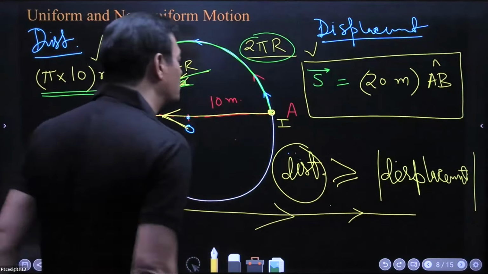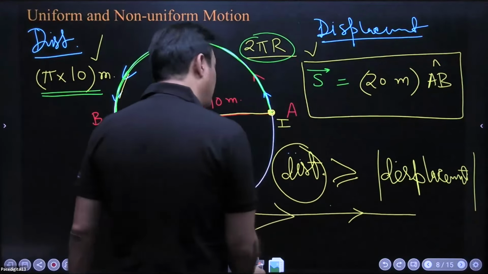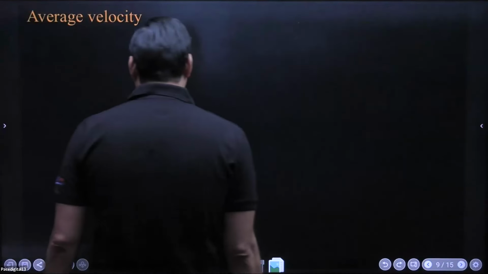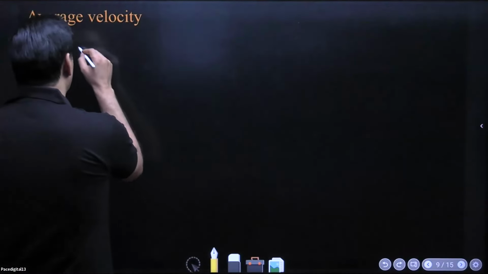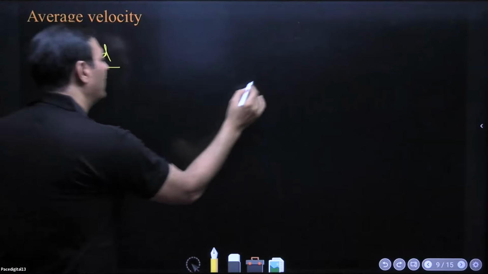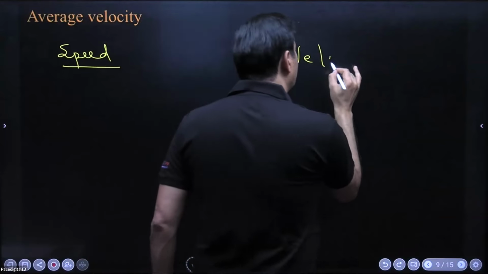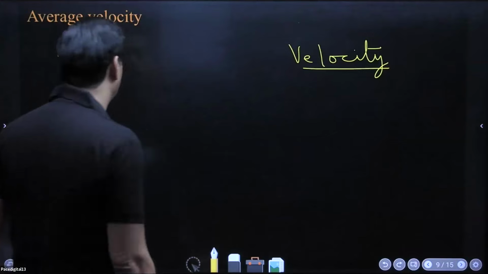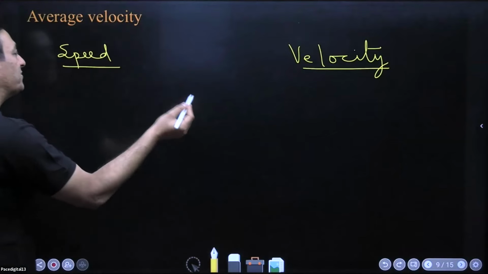We understood both distance and displacement. And I want you people to now learn what is velocity and speed. What is the difference between speed and velocity? It will be so easy for you to understand now because you have understood the difference between distance and displacement.